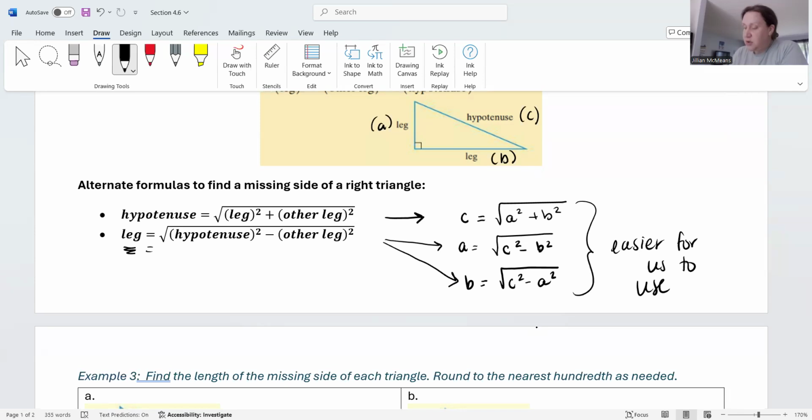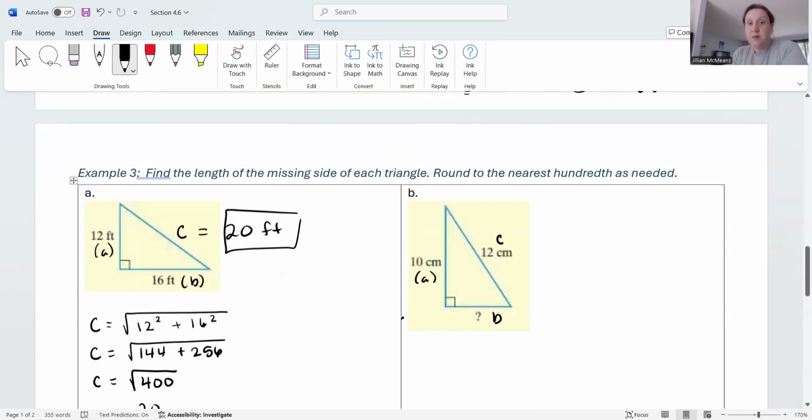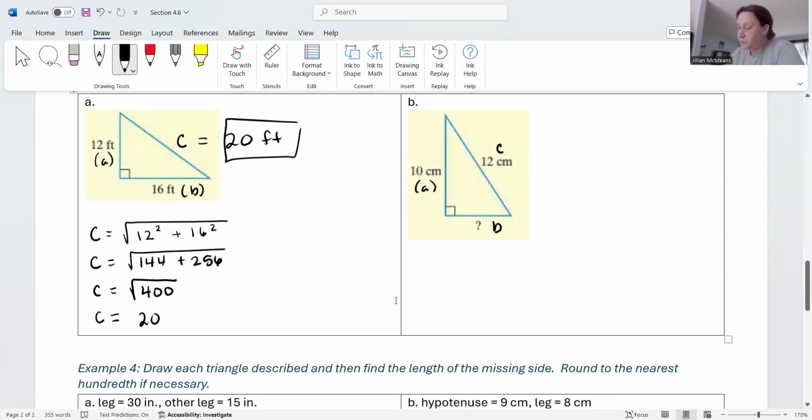I also said you can split it as A and B for the legs. So if we're looking for leg B, it equals the square root of C squared minus A squared. So we have B equals the square root of C squared minus A squared.